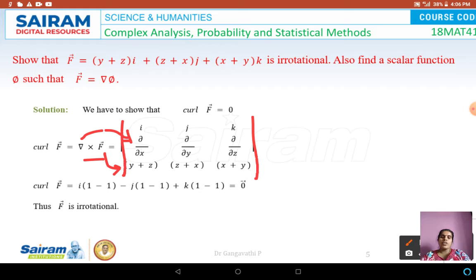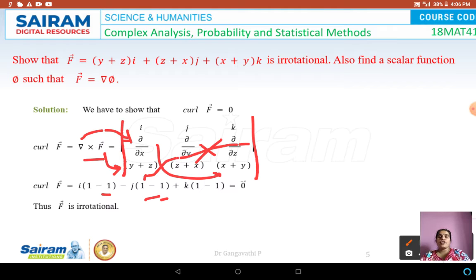On solving the determinant, i cap into ∂/∂y operating on x+y is 1. ∂/∂z operating on this is minus 1. Similarly, j cap into ∂/∂x operating on x+y is 1. ∂/∂z operating on y+z is minus 1.